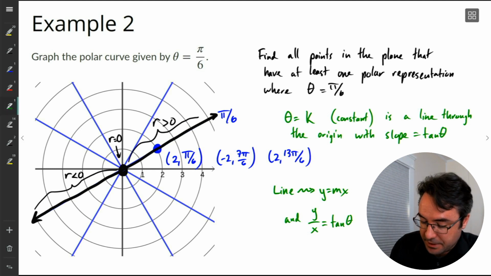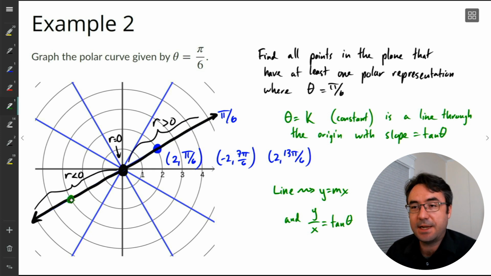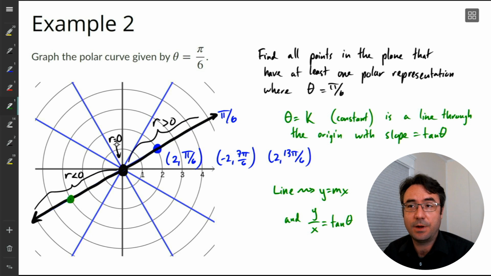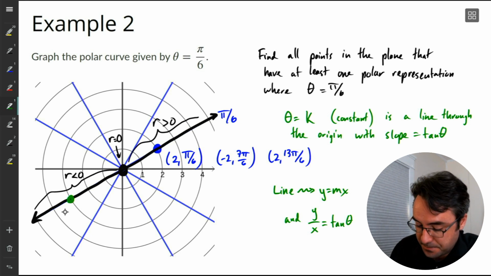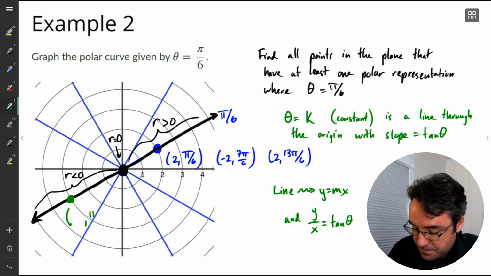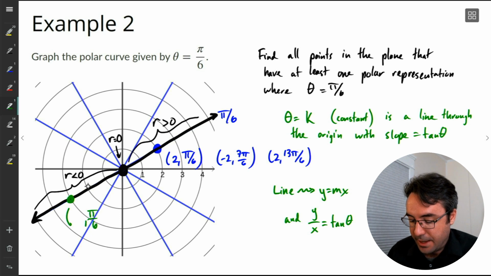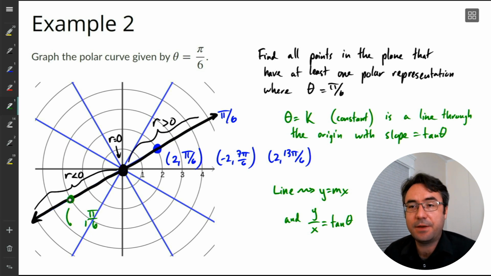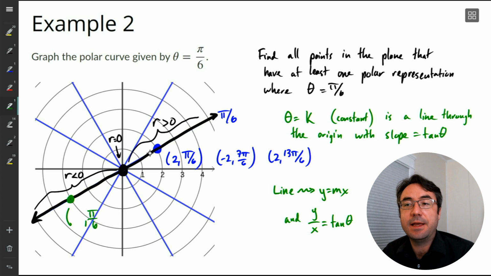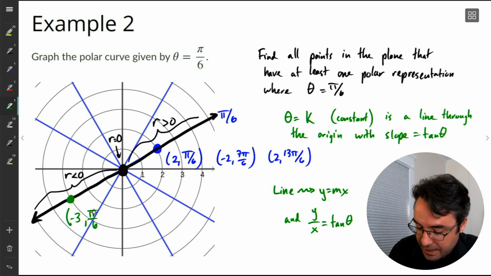So for instance, if we picked another point on here, let's say maybe this point over here, how could we write this down in polar coordinates where the theta value is pi over 6? So we want it with pi over 6 as our theta value. And we see that we're 3 units away from the origin, but we're in the opposite direction of the pi over 6 ray. So this would be -3.